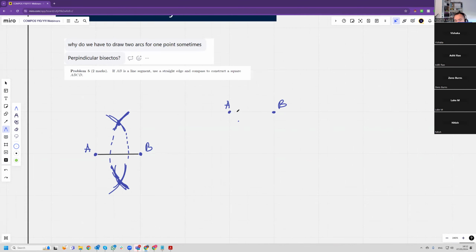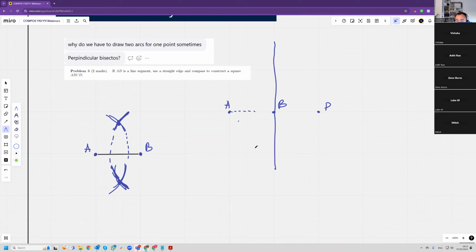Well, do you want to do a perpendicular bisector? Theoretically, you could do a perpendicular bisector of AB. I would draw a new point. Let's call it point P. And then I do a perpendicular bisector of AP, and then like this.